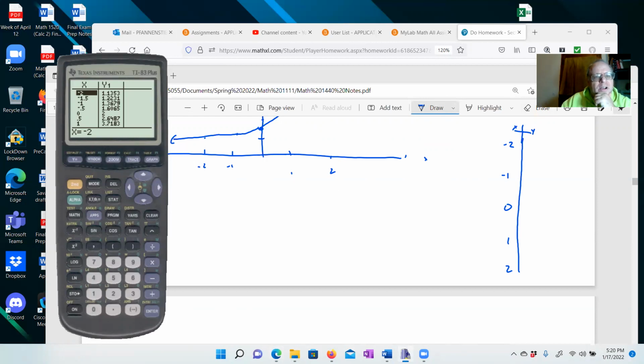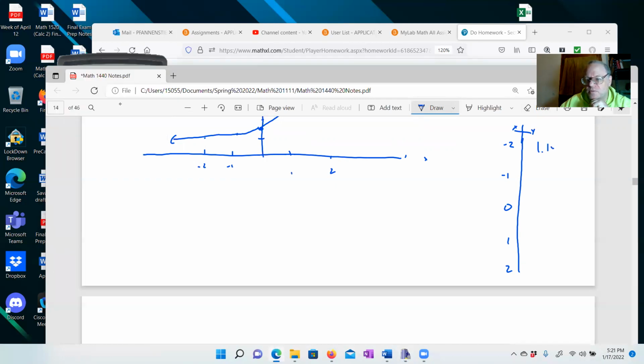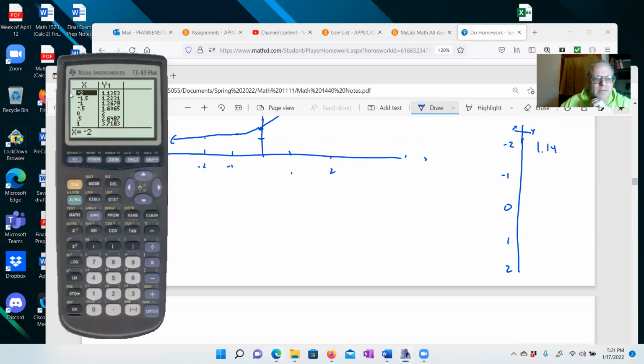Here I have 1.14 to 2 decimal places, and at -1 we have 1.37.